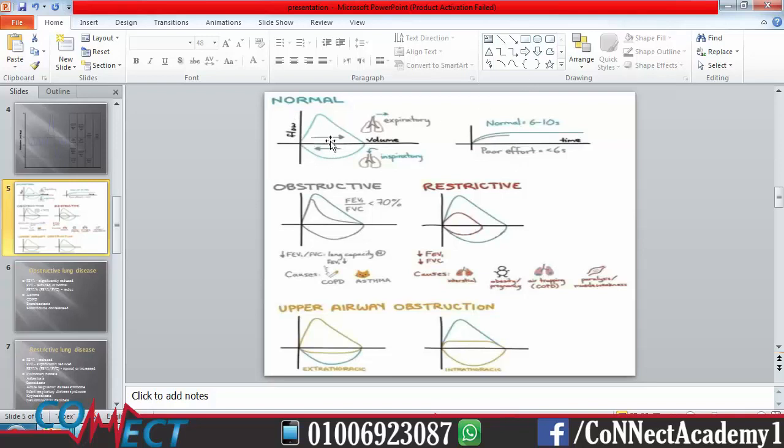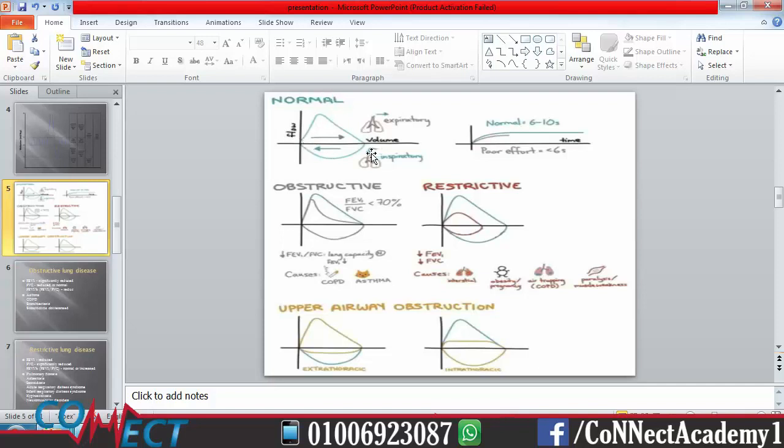This is the flow volume loop of the respiratory function test, and this will explain to us the pattern of respiratory function test. First of all, you should know that the normal flow volume loop is a triangle over a semicircle.